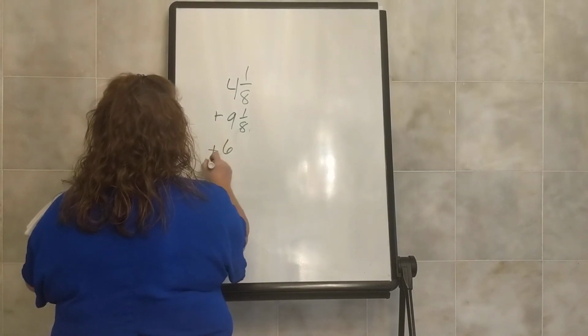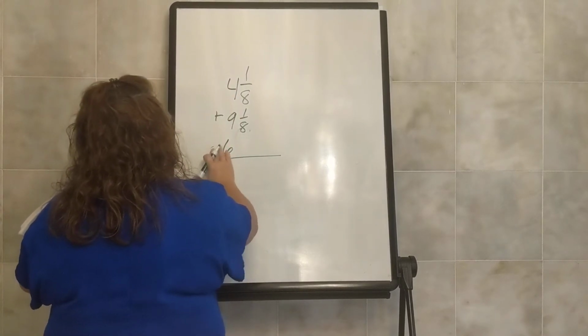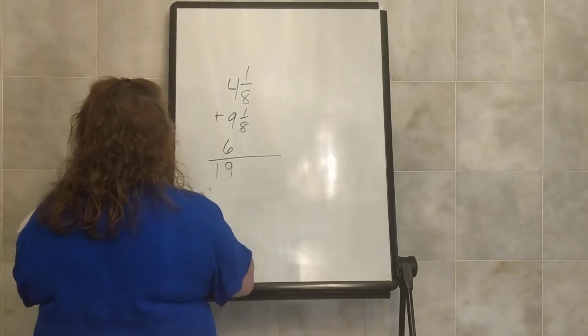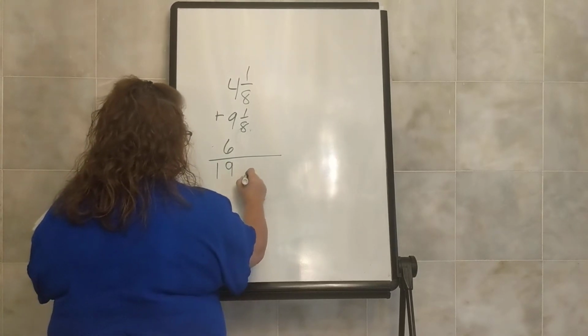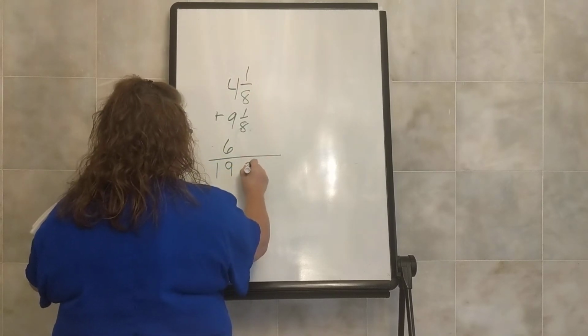Okay, so first thing I'm going to do is add up our whole numbers. 6 plus 4 is 10, plus 9 is 19. All right, I'm going to write my denominator 8 and add my numerators together. 1 plus 1 is 2.